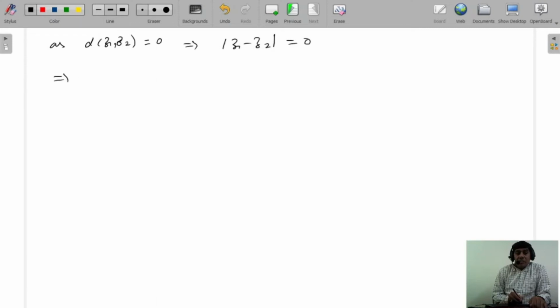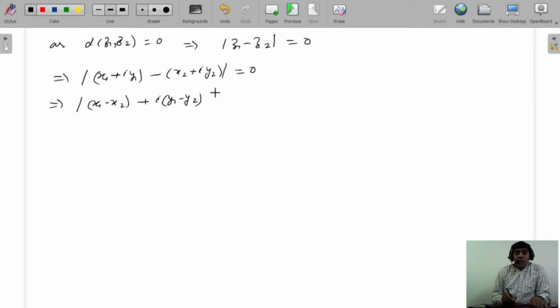This implies modulus of (x1 plus iota y1) minus (x2 plus iota y2) is equal to 0. We have to put the value of z1 and z2. This implies modulus of (x1 minus x2) plus iota (y1 minus y2) is equal to 0.